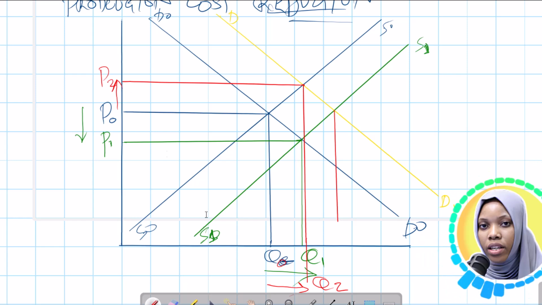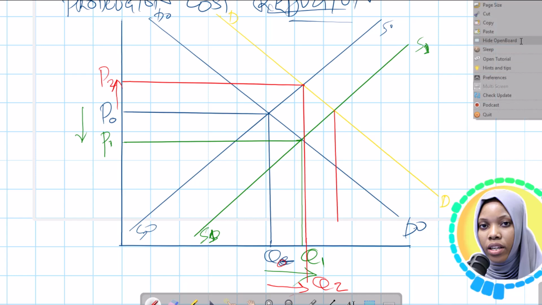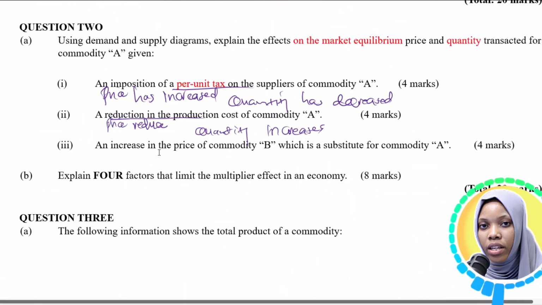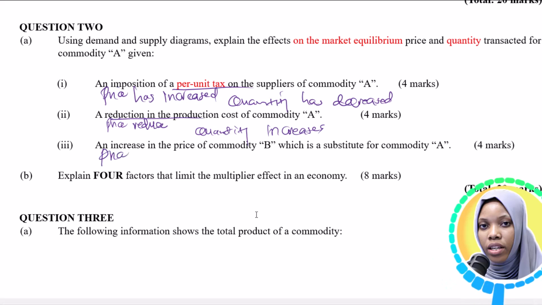The quantity is increasing and the price is also increasing in case of a substitute good. So here we are seeing the price increase and the quantity also increasing.